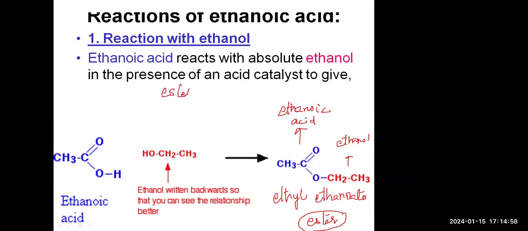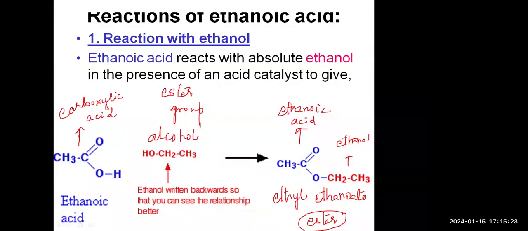Ester is a group of chemicals. How is it formed? You take any carboxylic acid. You can take methanoic acid, ethanoic acid, propanoic acid, butanoic acid, pentanoic acid, any carboxylic acid, and make it react with any alcohol.